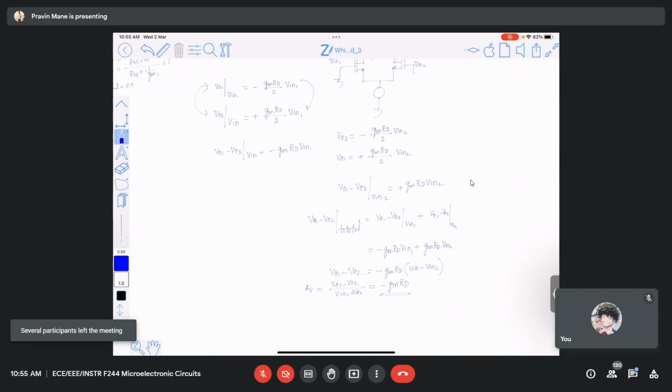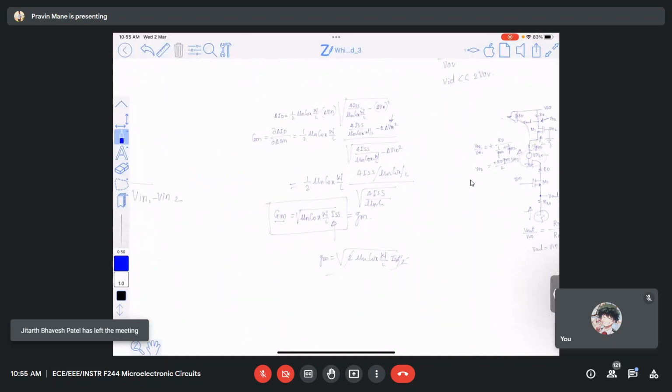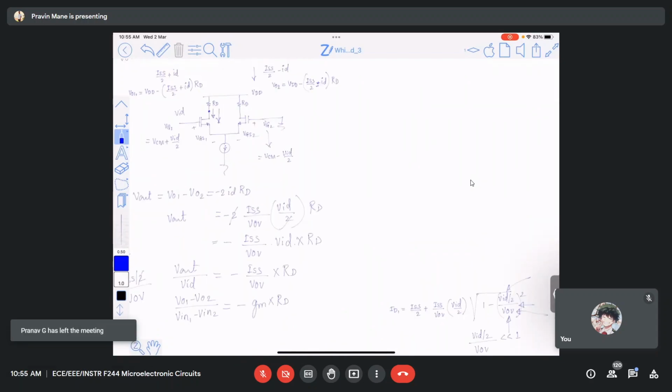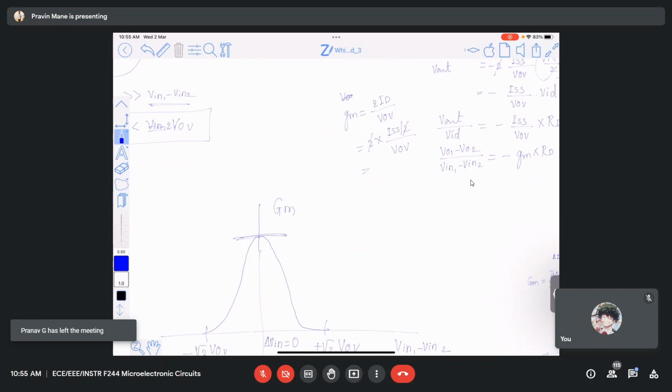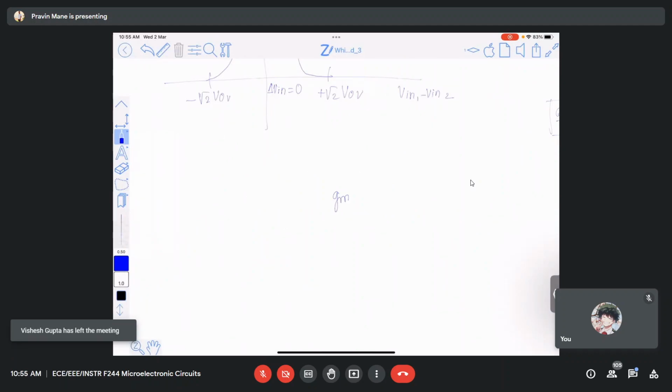I missed out on one thing, the capital GM part. Which part do you mean? The part where you wrote small GM RO by RS plus RO plus small GM RO... GM RS RO.